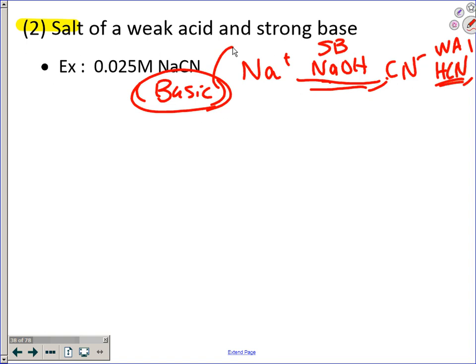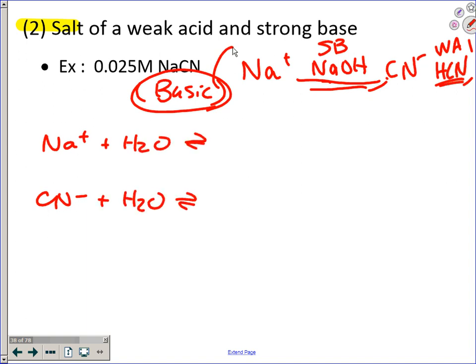So if we have these 2 ions, we have to choose which ion is appreciably going to interact with water to produce ions. So we write them both out. Okay, we add water to both because it is salt hydrolysis, meaning add water. What does sodium ion form with water? Sodium hydroxide and H+.